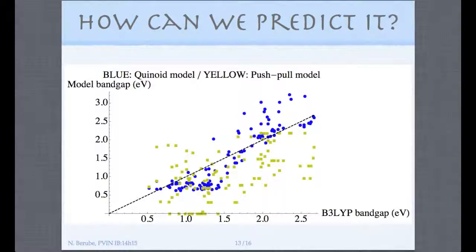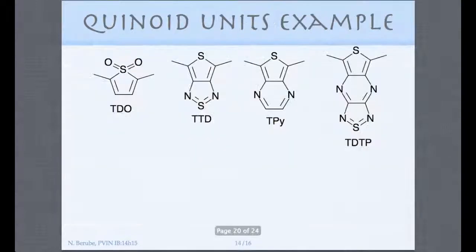There is a whole bunch of dots on the bottom of the graphic here, and it's because all the polymers that my model predicted to be under 1 electron volt, under this line, or at least to have a good chance to be, I launched a calculation on them, and half of them were indeed under 1 electron volt after DFT calculations. So this is a nice pre-selection, and at least all of them were under 1.5.